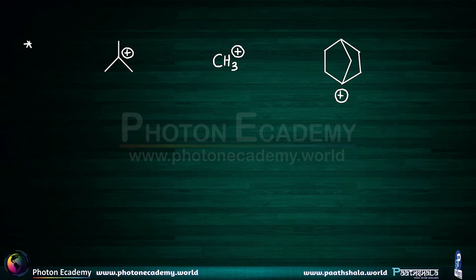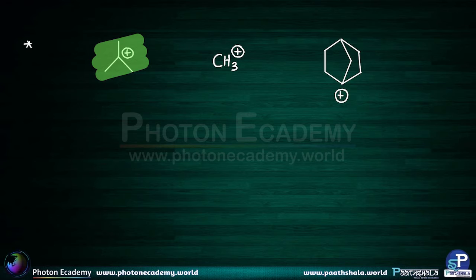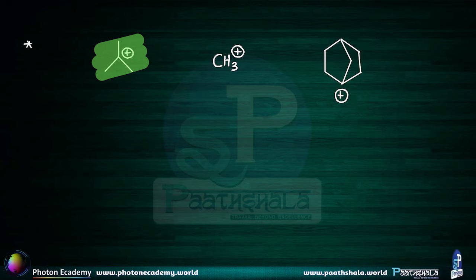This species here is planar because the carbon attached to the other 3 methyl groups will be in the same plane. This is of course a methane which has lost H minus. So this is a carbocation and this will of course be planar.